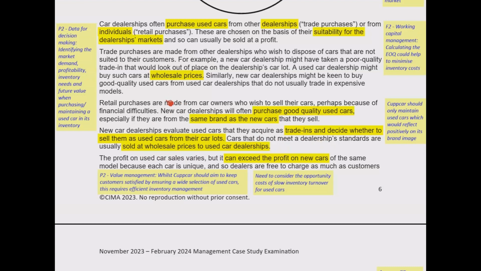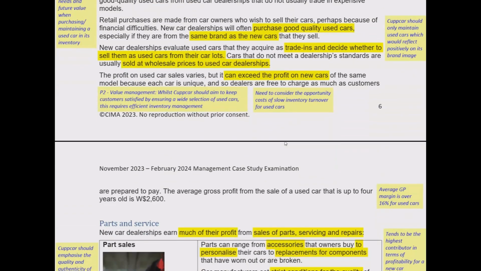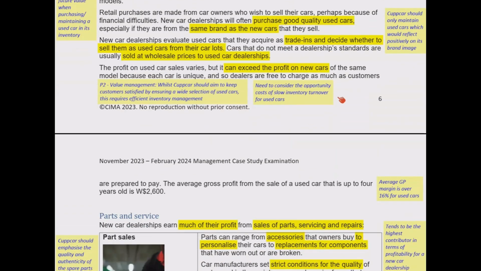But also, if we think about Cuppcar, one dealership within Cuppcar's 214 might bring in a used car. They then might want to offer it for sale to the other dealerships, because another dealership might find that it is exactly what is needed in the geographical area that they operate in. Okay, it mentions just at the bottom there of page 6, the need to therefore really focus on not having inventory that is too slow moving.